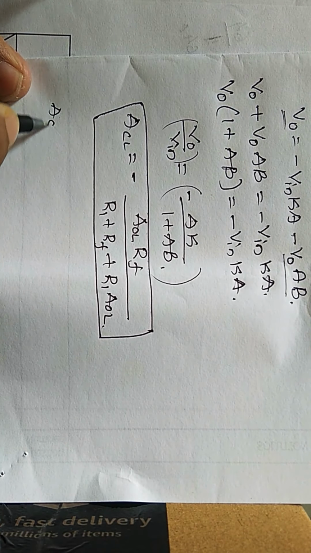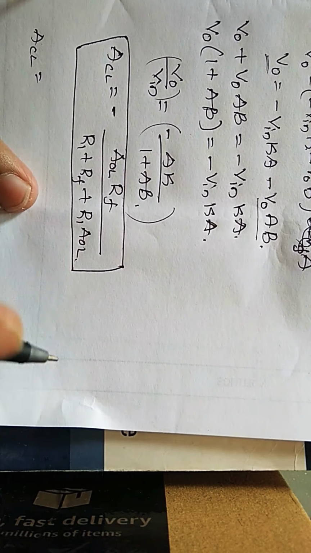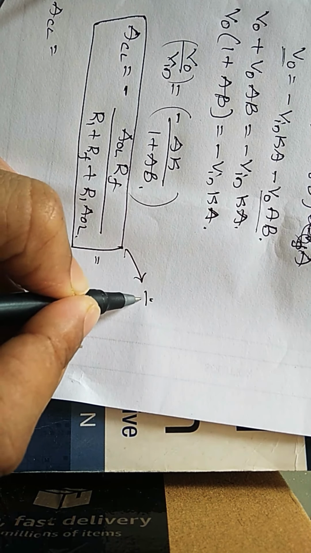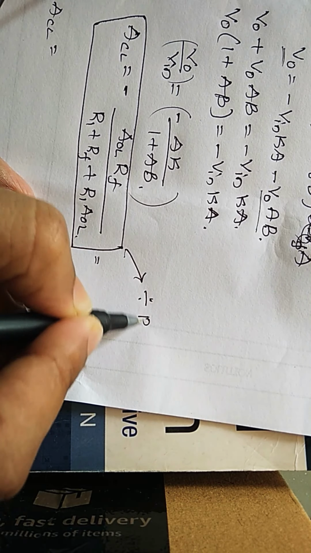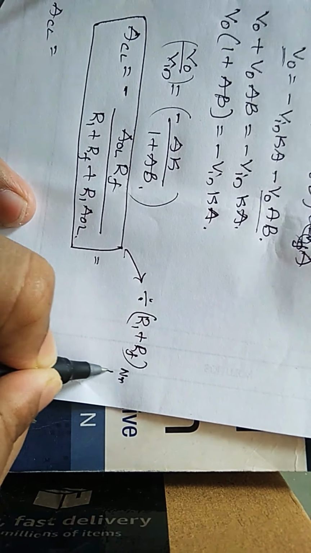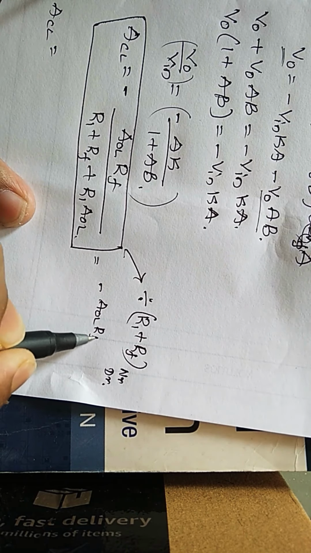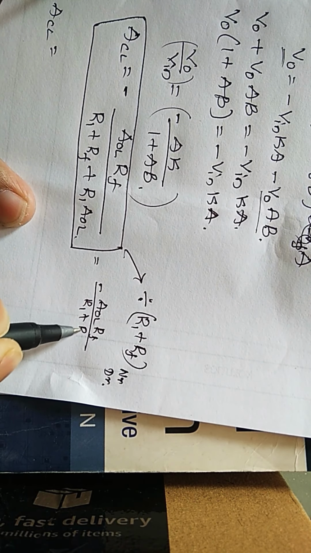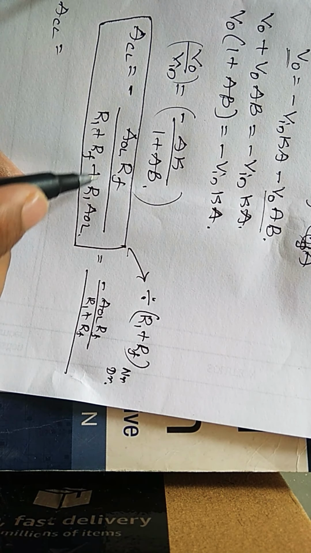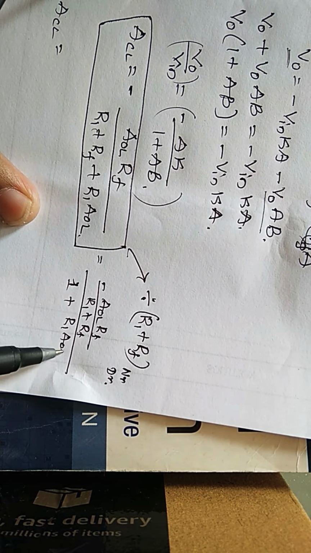Now we are comparing this equation with the above equation and rearranging it in terms of, let me rearrange, we are going to divide R1 plus RF for numerator and denominator. So it becomes minus AOL RF divided by R1 plus RF, whole divided by 1 plus R1 AOL divided by R1 plus RF.